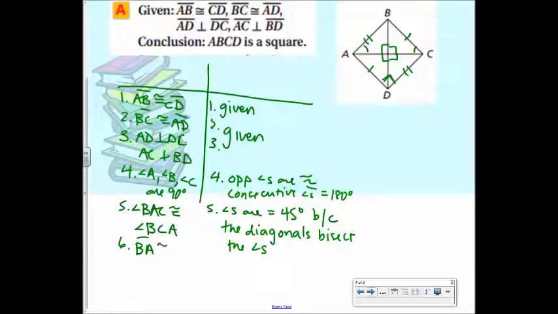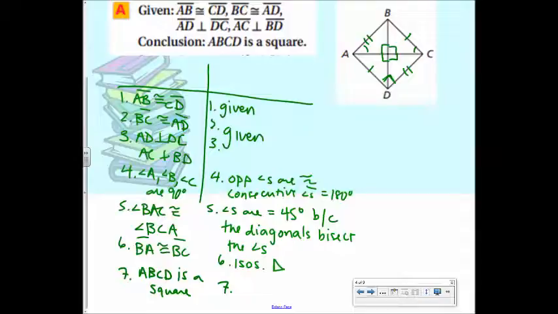Congruent to BC. Because of isosceles triangles. And then we can say that it's a what kind of shape? Square. Good. ABCD is a square. All right, all four sides are equal and 4 90-degree angles.